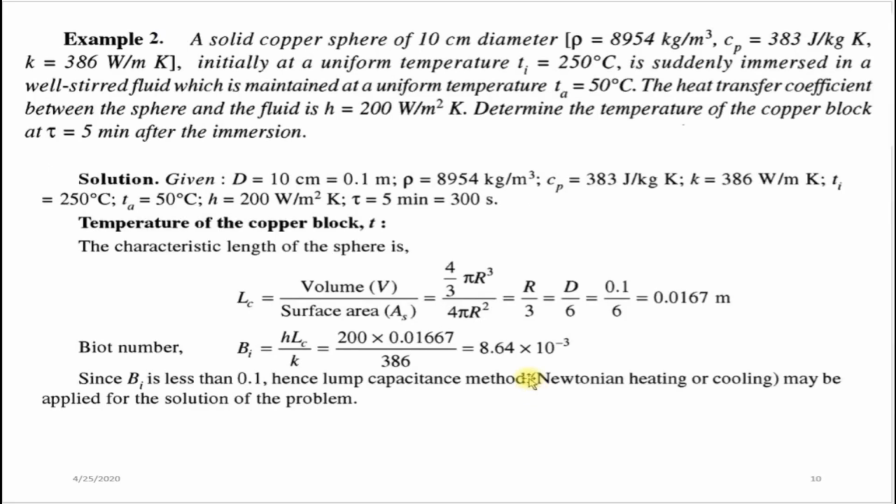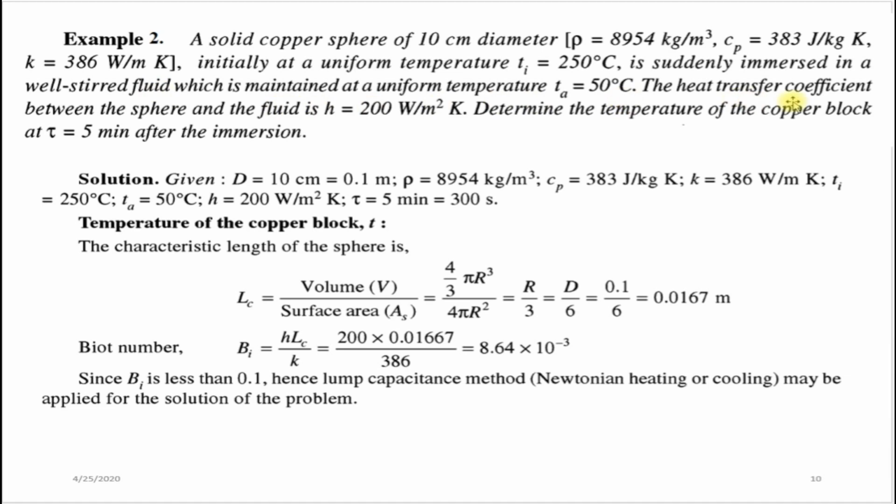Now going to example 2. A solid copper sphere of 10 cm diameter, density 8954 kg per meter cube, Cp 383 joule per kg Kelvin, thermal conductivity K equal to 386 watt per meter Kelvin, initially at a uniform temperature Ti equal to 250 degrees Celsius, is suddenly immersed in a well-stirred fluid maintained at a uniform temperature Ta equal to 50 degrees Celsius.